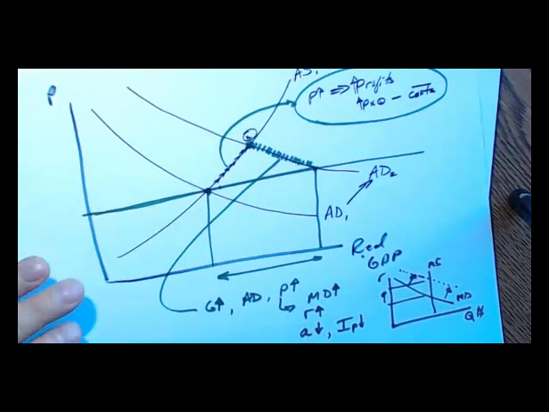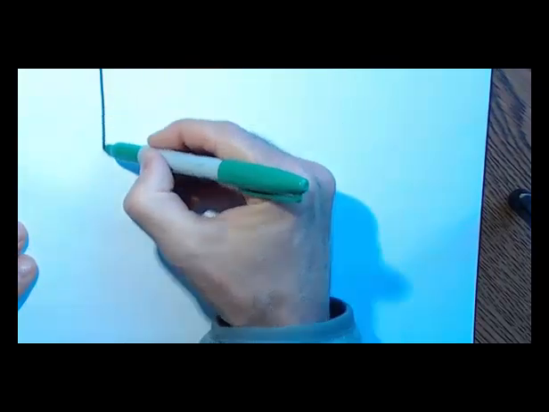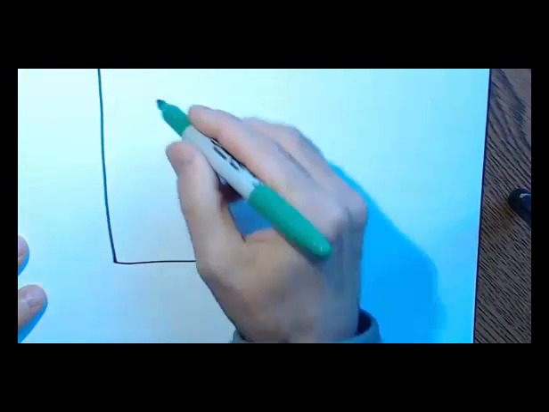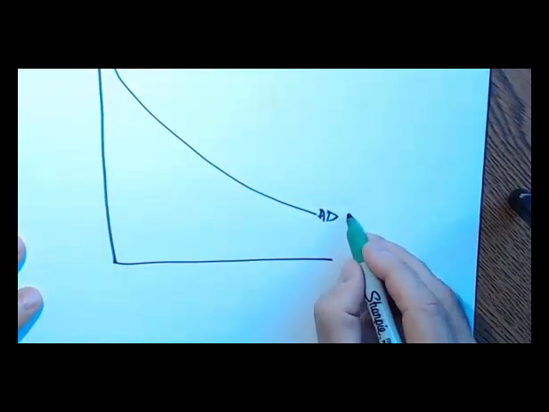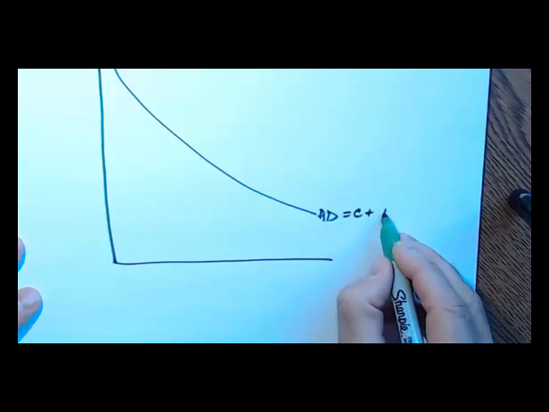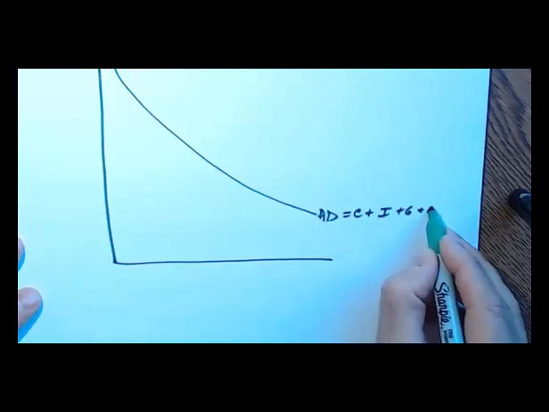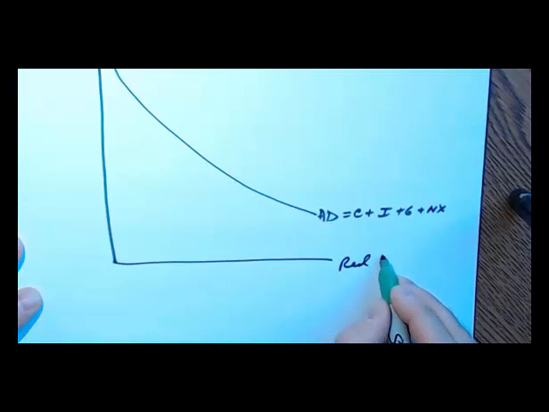In other words, let's just say the government reduces its amount of government expenditures. So we're going to draw it nice and big. Remember, aggregate demand equals C plus I plus G plus net exports.